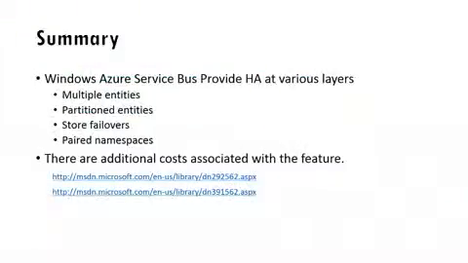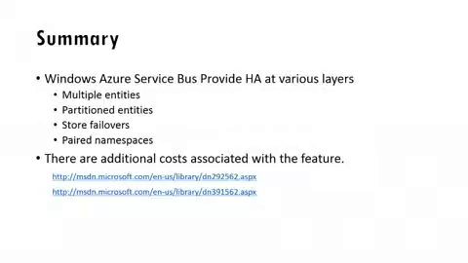And to summarize, Windows Azure Service Bus provides highly available features at various layers. First off, as a developer, you can use multiple entities to segment your workload across multiple Service Bus entities. And you can use partitioned entities so that your entities are backed by multiple messaging brokers.